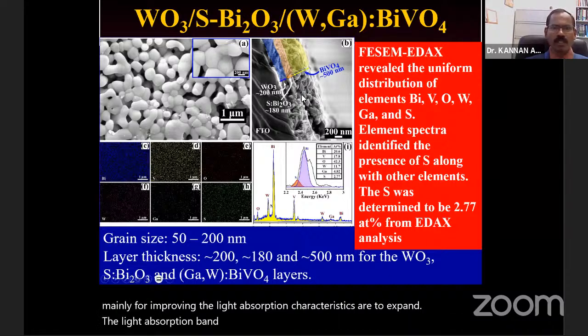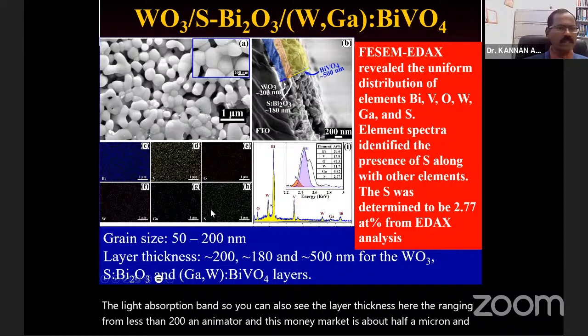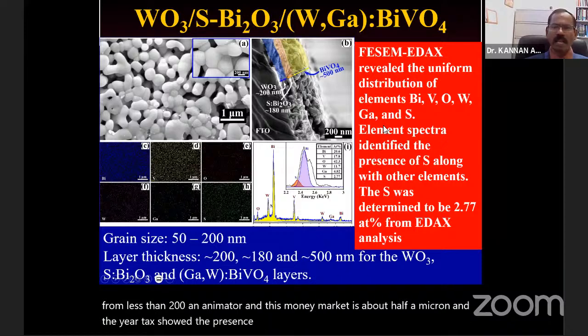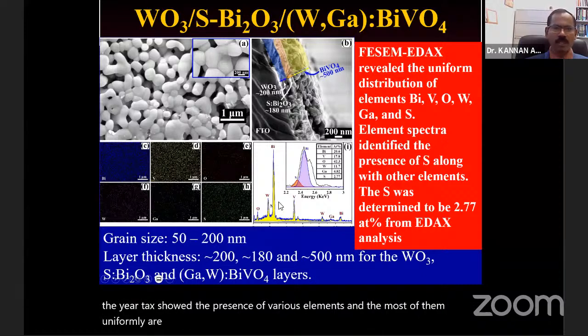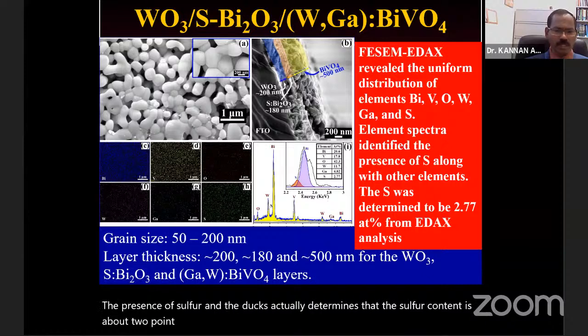You can also see the layer thickness here ranging from less than 200 nanometers, and bismuth vanadium oxide is about half a micron. The EDAX showed the presence of various elements, most of them homogeneously distributed. You could also see the presence of sulfur, and the EDAX determines that the sulfur content is about 2.7 or 2.8 atomic percent within the layers.